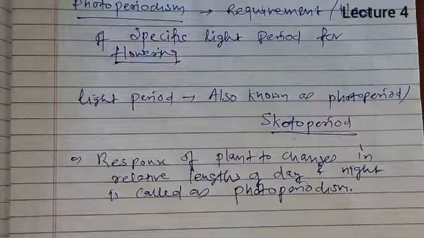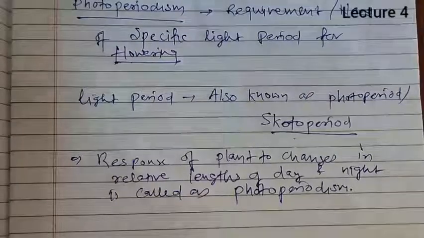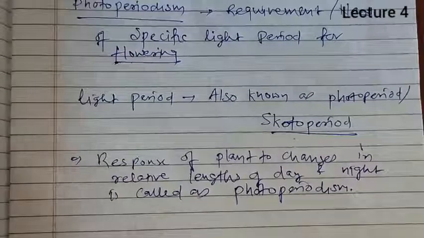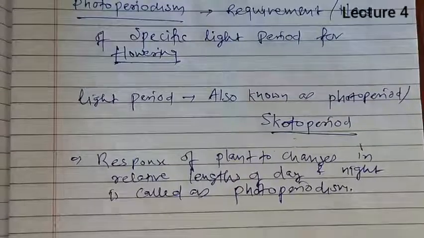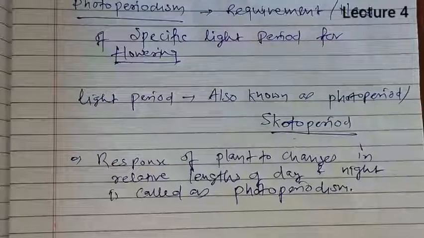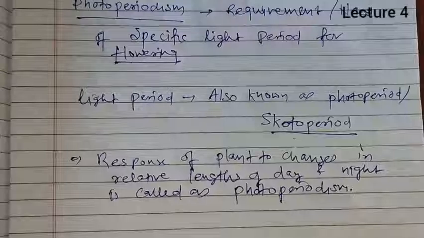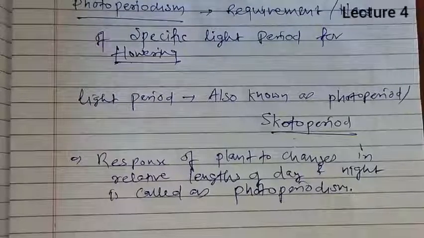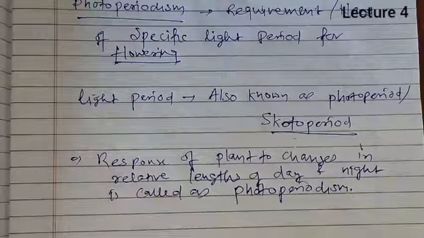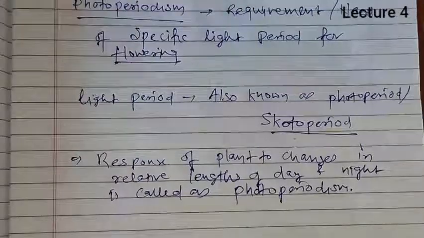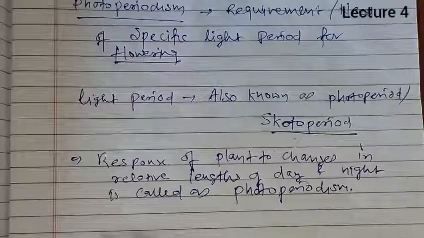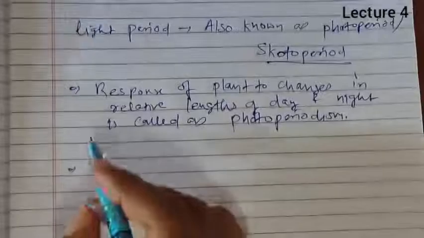Now the relative length of the dark and light period varies from place to place and from season to season. And this length of period, as we know, is known as photoperiod. At equator, day length is of 12 hours duration throughout the year. Plants flower only when exposed to more or less than a certain light period, called a critical photoperiod. So next we talk about a critical photoperiod.